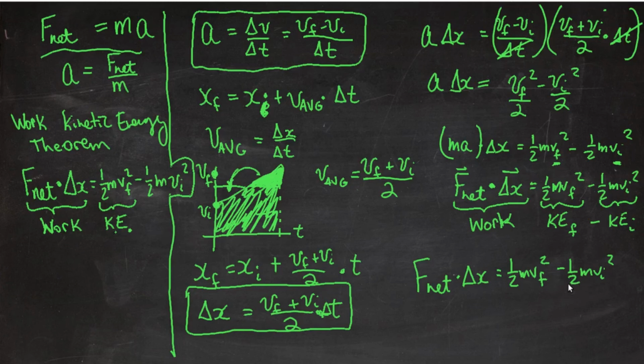A lot of the time problems will start with this guy being equal to 0 because it'll start at rest, and then you'll just have 1/2 mv final squared, and that makes it really easy to solve the problem. So I hope that that helps with some of these problems.